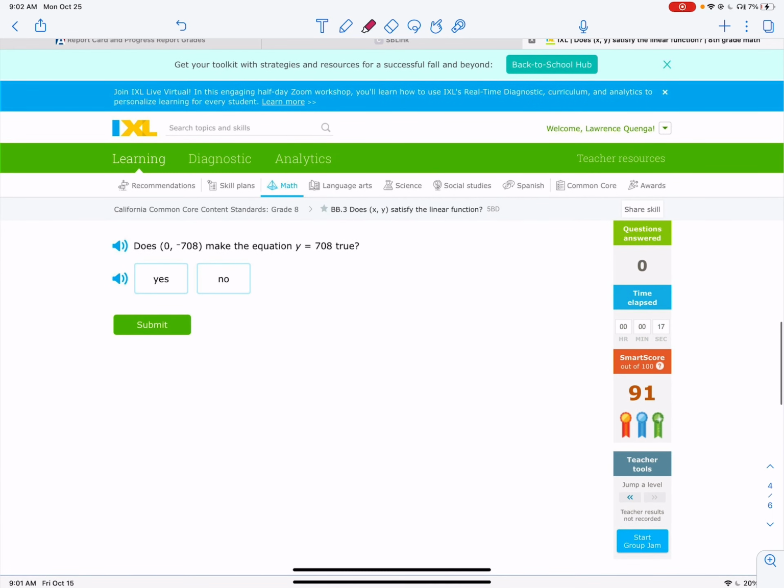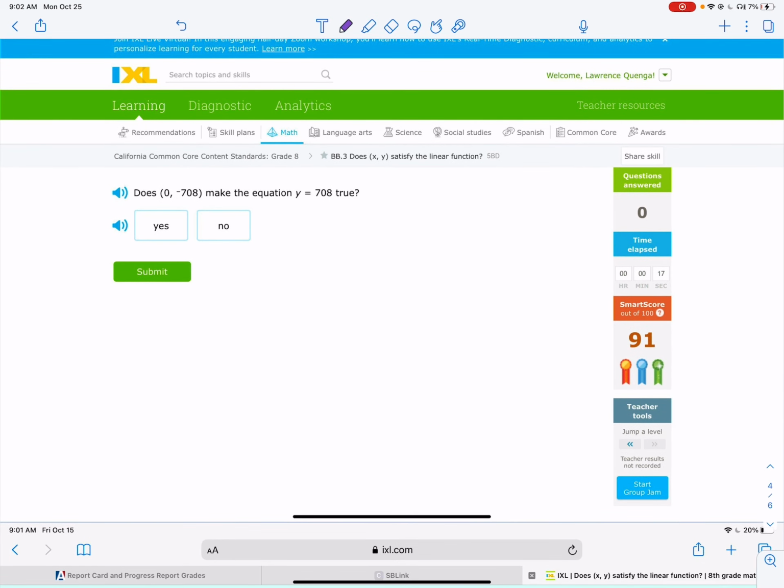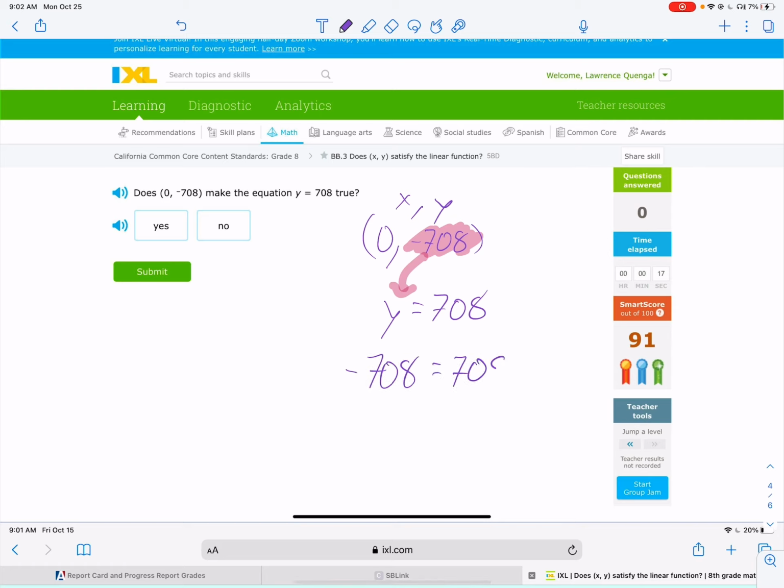Okay? Does (0, negative 708) satisfy this equation? Well, remember this is our xy coordinate. Here, I only have one variable to plug in because there's only a y. So I have negative 708 equals 708.